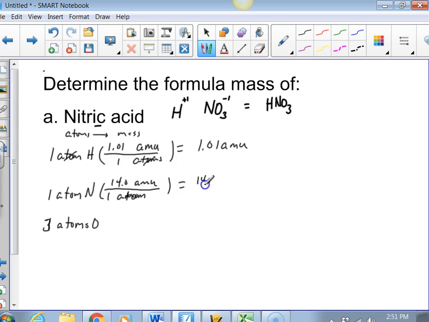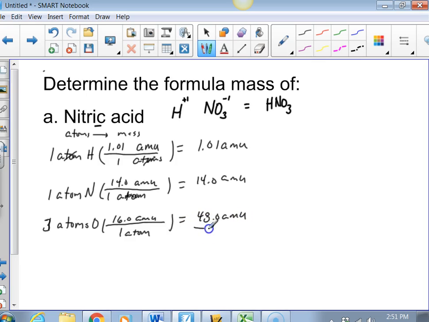That gives us 14.0 AMUs contributed by nitrogen. And then the contribution to the total mass by oxygen is going to be around 16 AMUs per 1 atom of oxygen. It's going to be 3 times 16 would be 48 AMUs.